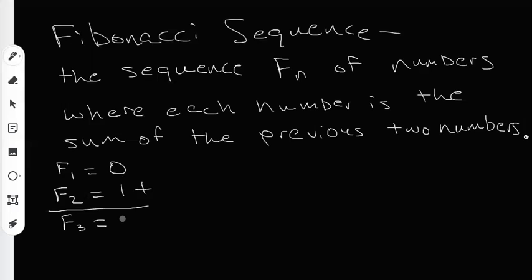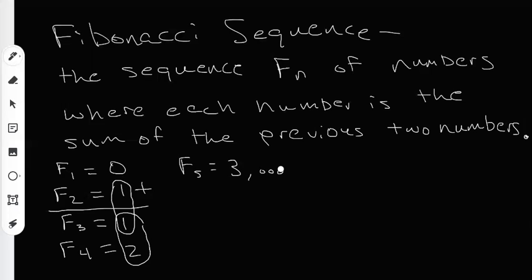That's going to be 1, right? And then what's the fourth term going to be? Well, I need to add these two terms next, and I get 2. And then I need to add up these two terms to get to the fifth term. That would be 1 plus 2. That's 3.